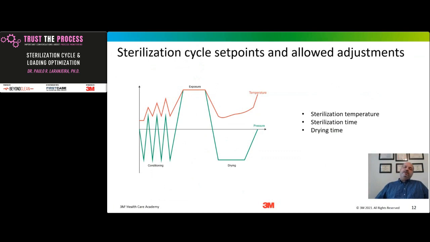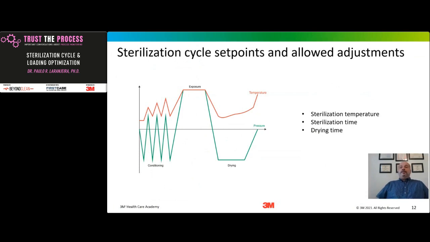The exposure phase is normally going to be either 3 or 4 minutes, and then the drying phase somewhere around 15 minutes. This will give us about a 50 minute cycle performance. Now, anything beyond 50 minutes is because of our load.